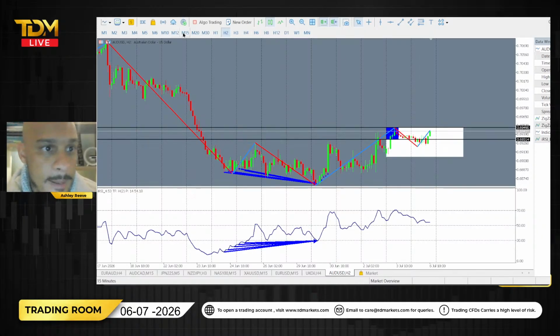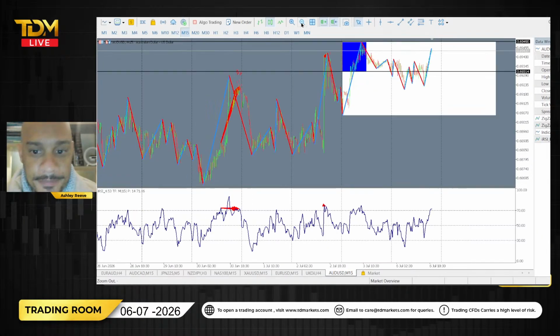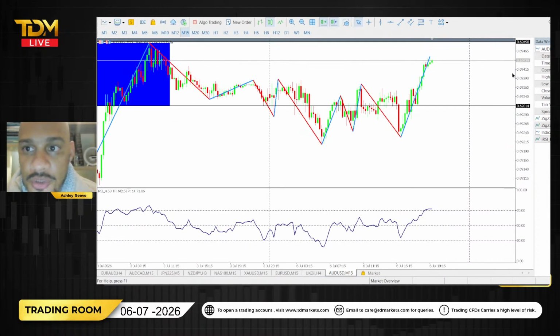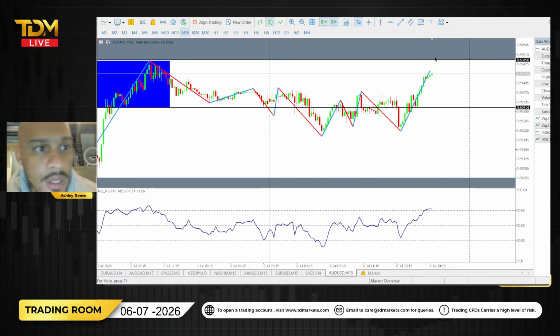Even if it's a 15-minute, a beautiful candle break. Remember, I want that strong candle to the upside. Then I will go for my buy there.